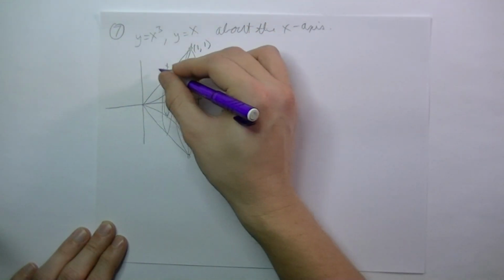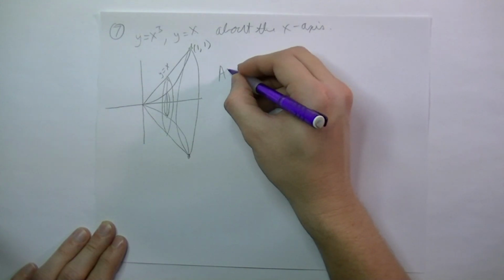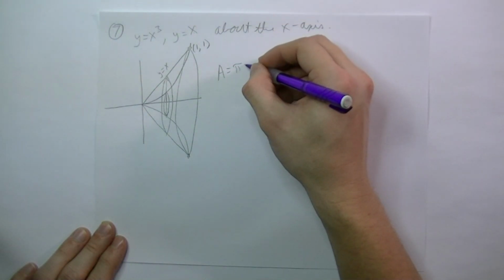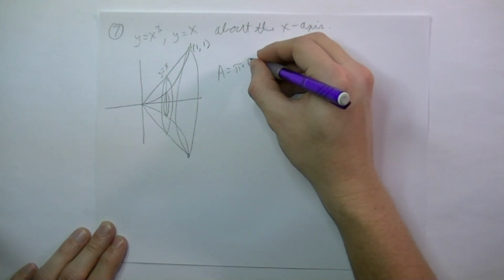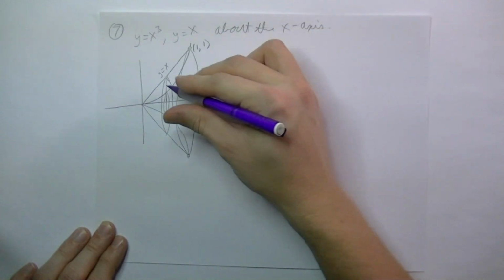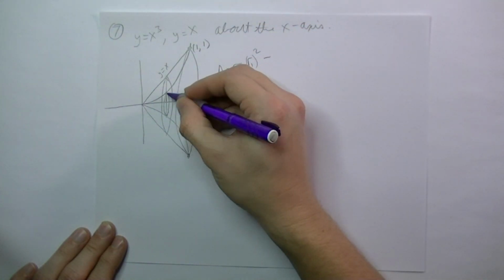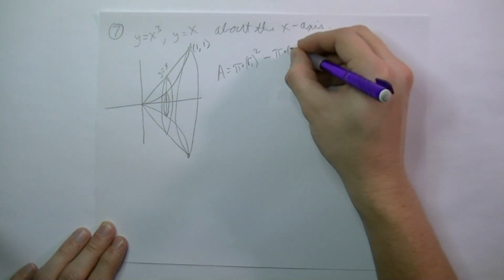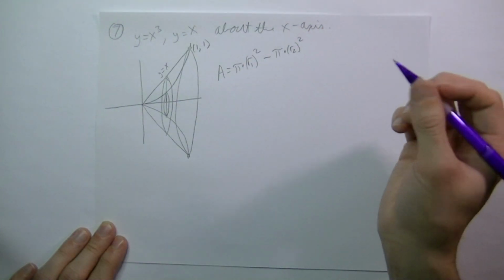Okay, so the area of the washer is pi times the large radius, I'm going to call it radius 1, squared, minus the empty space in the middle here, which will be pi times the smaller inside radius, which I'll call radius 2, squared.